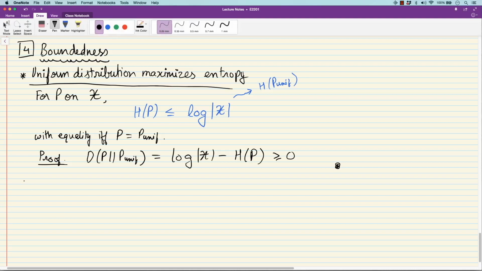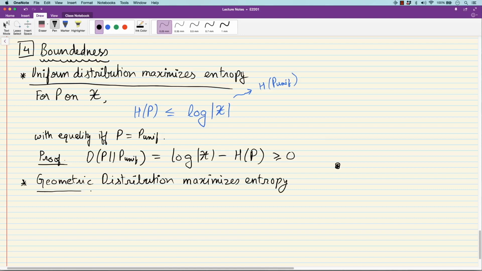The geometric distribution maximizes entropy. Uniform maximizes entropy over a finite alphabet. Geometric distribution maximizes entropy over such an alphabet.